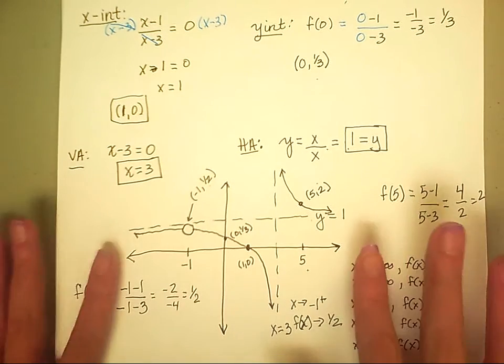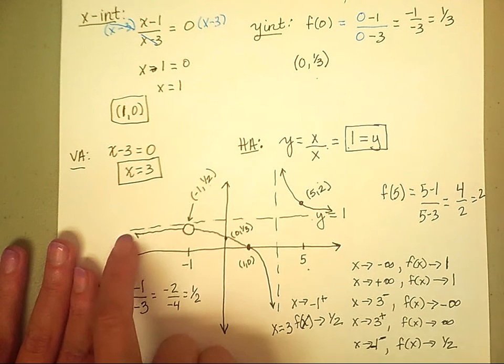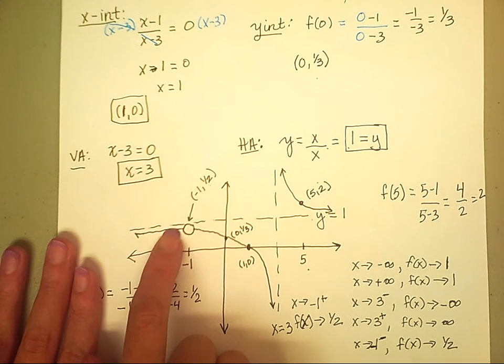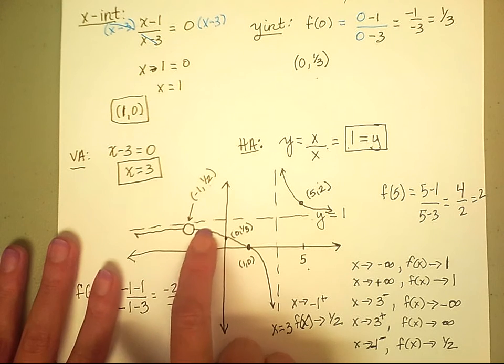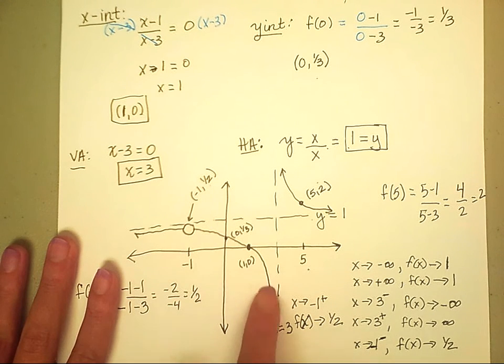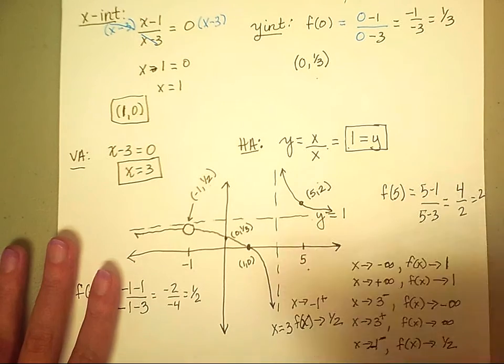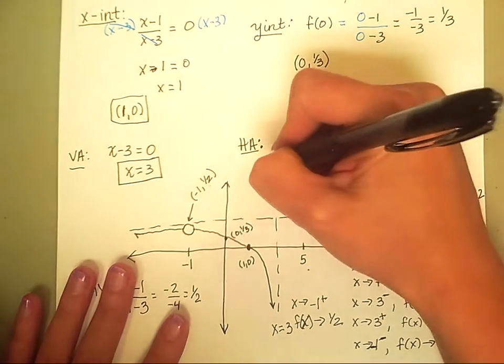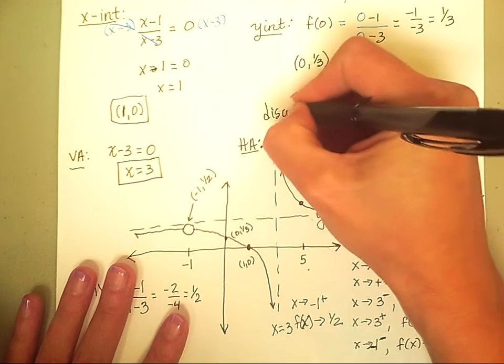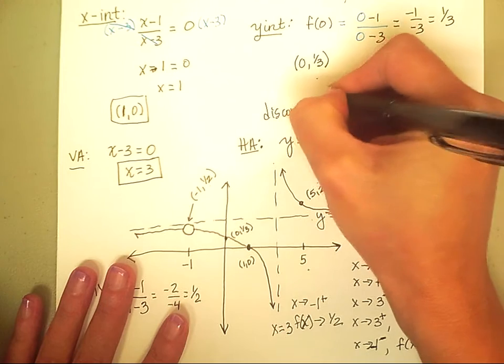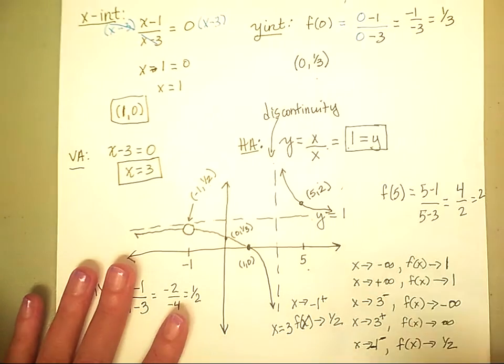Now if we look at the function on the entire domain, here it's continuous, it's very smooth, but when we get to negative 1, there is a break in the graph. And so it is a discontinuity there. Now it's not the same kind of discontinuity that this is. So this is a discontinuity.